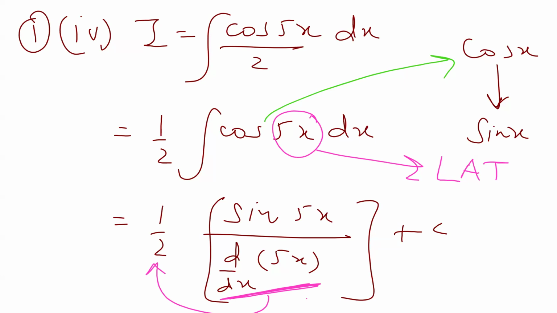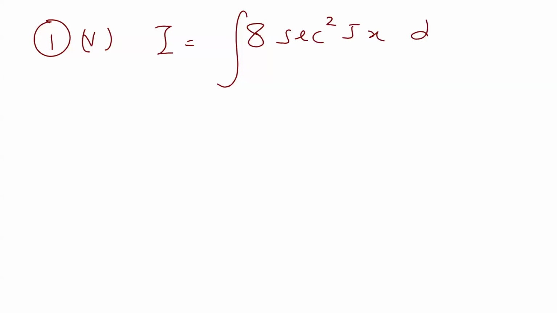Should I go ahead? Keep the formula list open in front of you. Question number 1, sub question 5. Integration of 8 sec square 8x dx. Sorry, it doesn't really matter, but if it is given as 8x, I'm writing it as 8x.